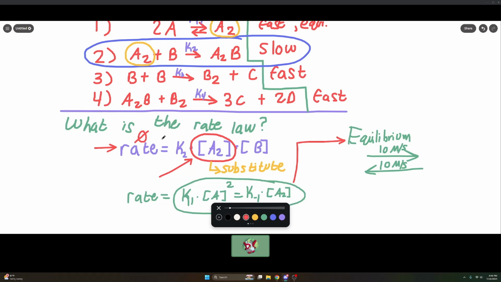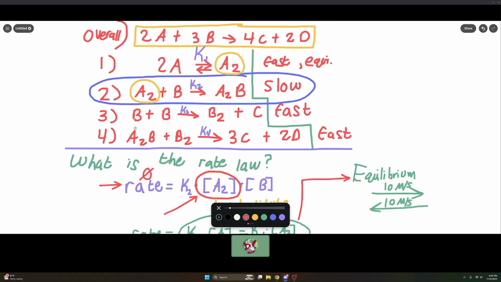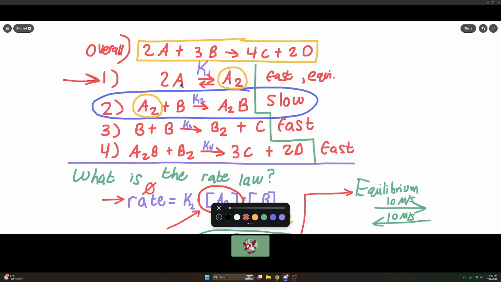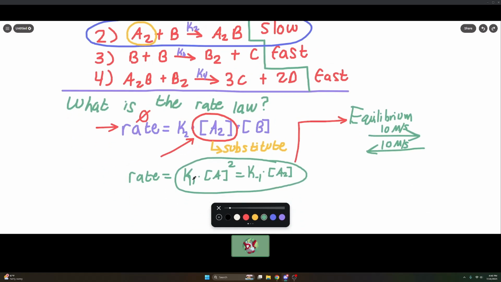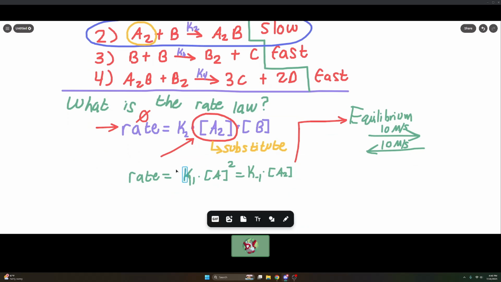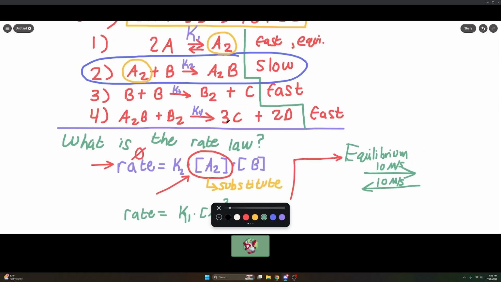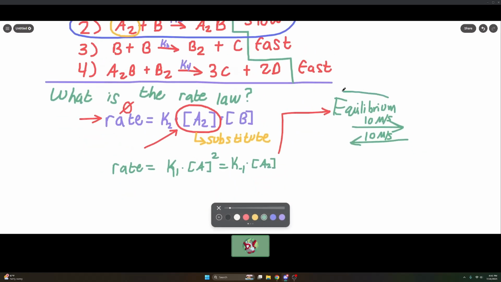I need to think of other equations that will utilize A2. The only way I can get equations with A2 is to look at the step that made A2. So I am looking at line 1. I start by writing the forward rate law. I see that that forward rate law would be that rate is equal to K1 times A squared. Well, that doesn't quite have my A2, right? So I need to remember that this is equilibrium and that the forward and reverse rates are equal.